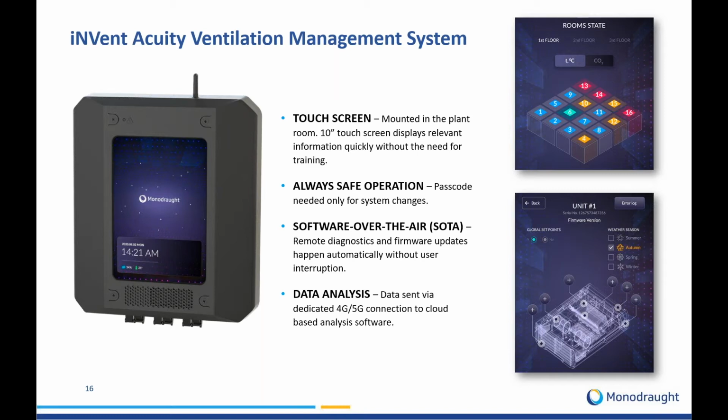This saves a huge amount of setup time, where previously things like floor plans are overlaid and rooms are individually assigned. That all adds quite a lot of complexity and time to the installation of management systems. And so by doing that automatically, we've really streamlined that process.